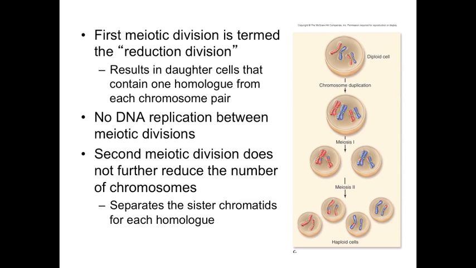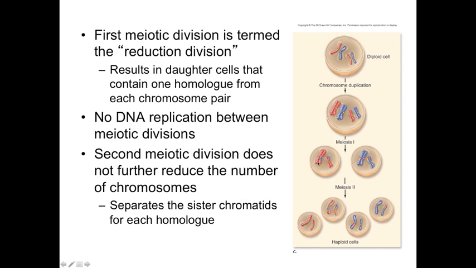When we consider meiosis, the first division is termed the reduction division. That is because we're separating homologous chromosomes. We're reducing the chromosome number from 2n to 1n in meiosis 1. This results in daughter cells that contain one homolog from each chromosome pair, just as you see in the figure down here.